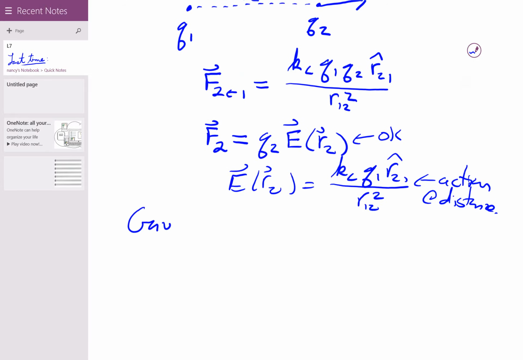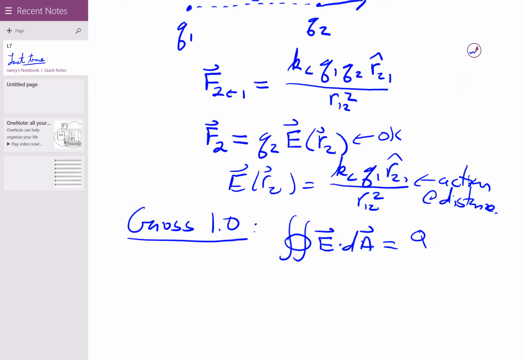If I look at Gauss's law version 1.0, it is saying something like this. The integral of E dot dA over some surface, which could be very far away from the enclosed charge. Somehow, this enclosed charge is reaching far across space, potentially, to have some influence on the electric field on some very far away surface.